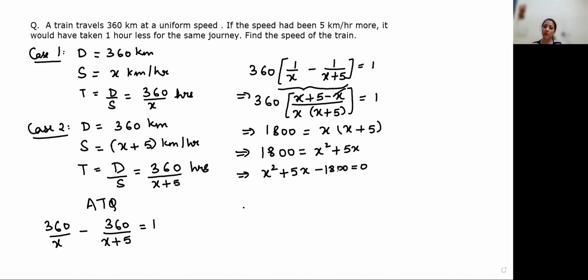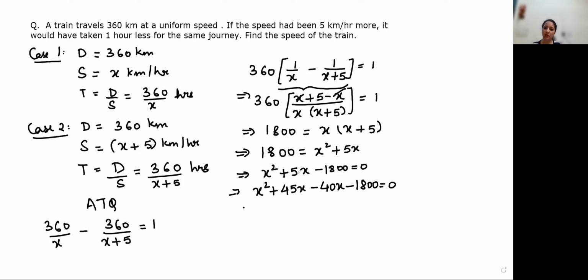Now we want two numbers whose product is minus 1800 and sum is positive 5. So we are going to solve it using the split the middle term method. Now here we have x square plus 45x minus 40x. So I've written this 5x as 45x minus 40x, minus 1800 equal to 0.